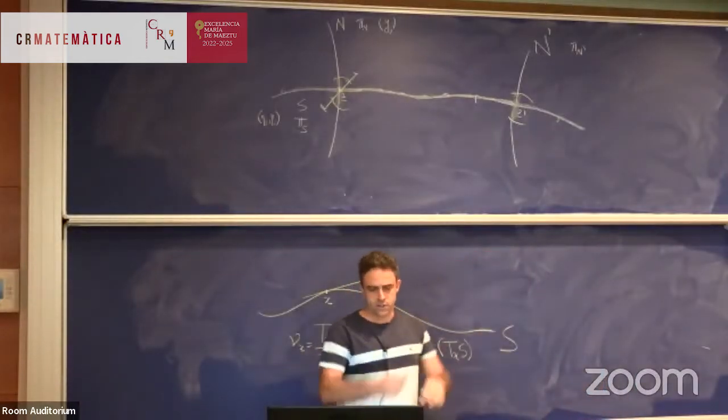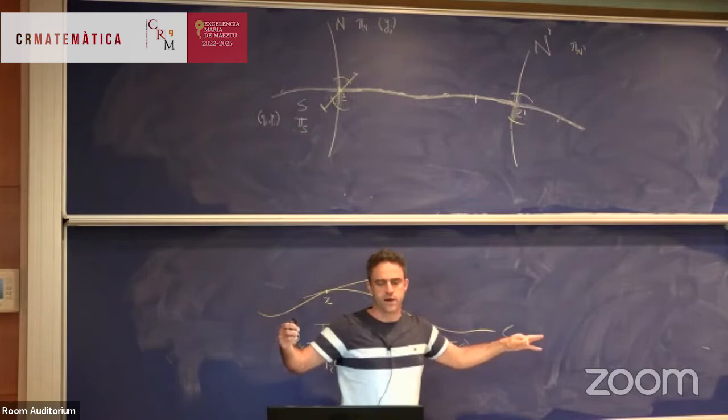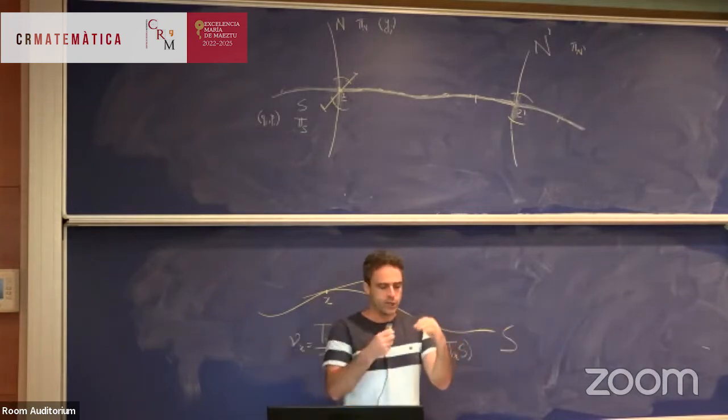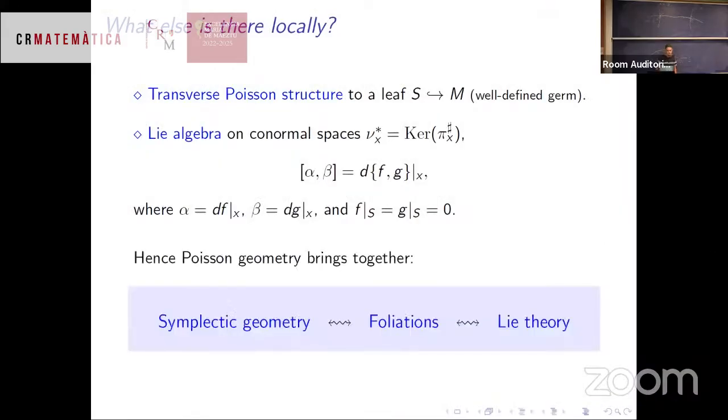So you have this transverse Poisson structure that is well defined up to isomorphism, and at each point there is a Lie algebra associated with it. The moral you should take home is that Poisson geometry mixes symplectic geometry on the leaves, foliations, because you have a foliation by symplectic leaves, and Lie theory, not only because you have natural examples from Lie theory, but because you find at each point a Lie algebra in a natural way. So the Poisson manifold has all that.